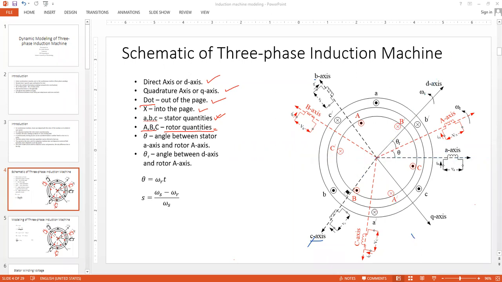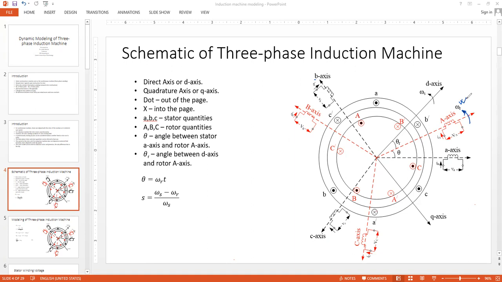But the coils themselves, the physical coils, are not moving at all. However, the rotor coils are moving because the rotor itself is moving. So the rotor coil setup is moving at a speed omega r. So that's why you see along the rotor coils, there is omega r speed.